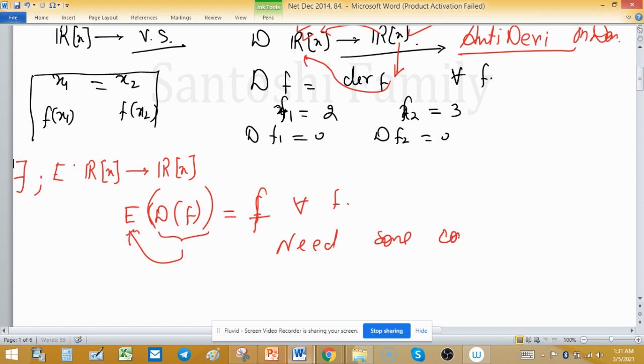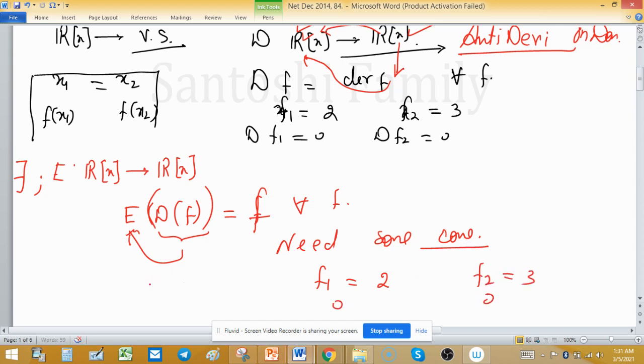Suppose f1 is a constant function 2 and f2 is 3 and their derivative is 0.